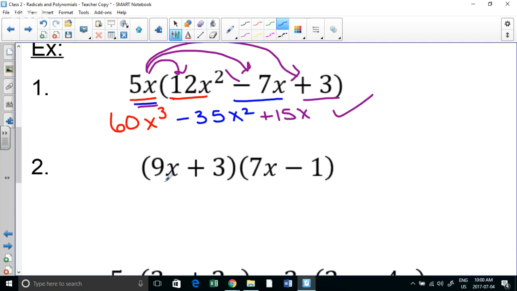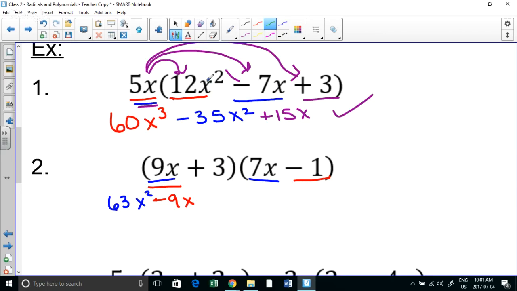Each of the terms of the first, multiply them by each of the terms in the second. So this first 9x and I multiply it by 7x, which gives me 63x. Take the first term again and I multiply by the second term. That gives me minus 9x. I missed a squared on this one. If you see me make a mistake like that, feel free to jump in.